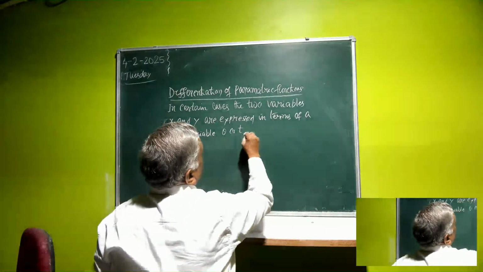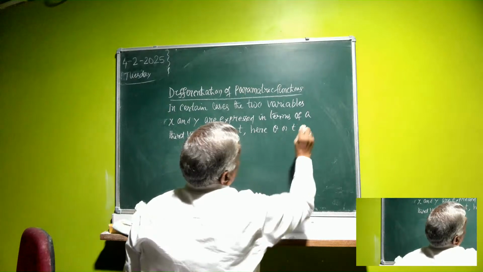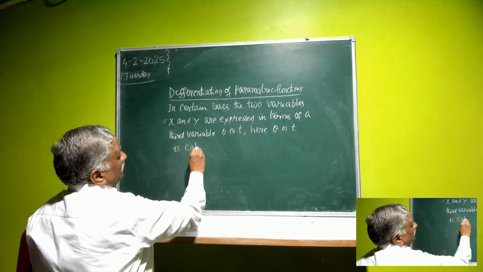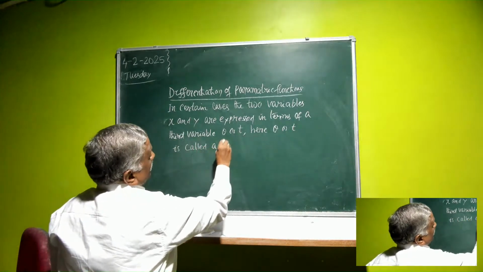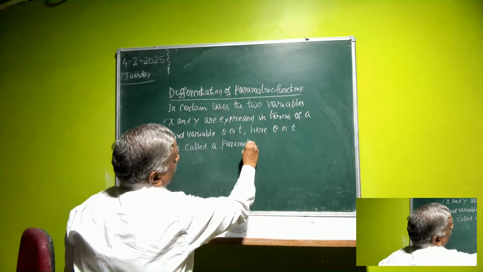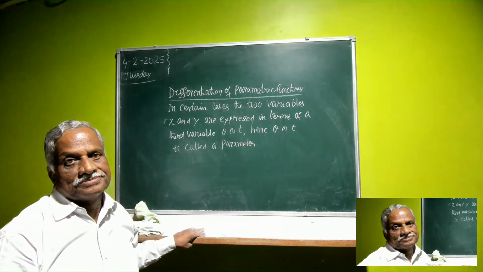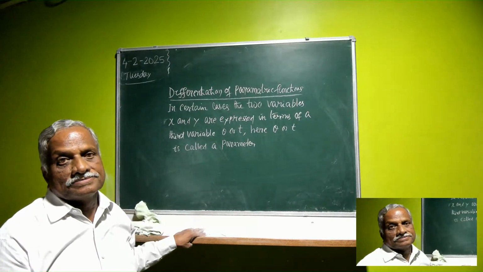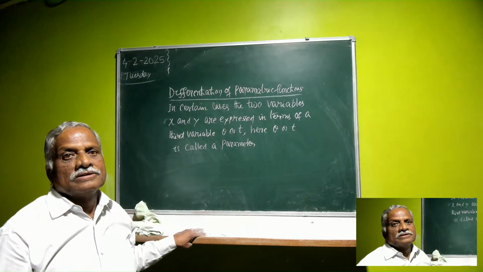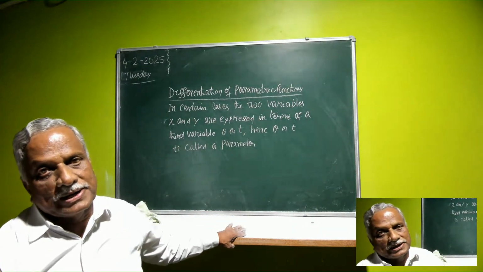Here theta or t is called a parameter. So here x and y are not directly related. X is related to t and y is also related to t. Finally, we have to find dy by dx, the change of y with respect to x.